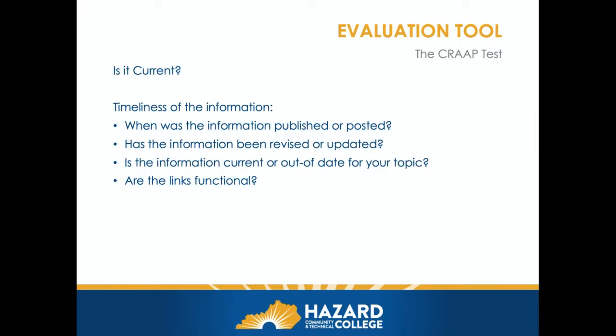So when you're looking at a piece of information or a platform, you should ask yourself, is it current? What is the timeliness of the information you're looking at? What's the relevance of currency to the article and to your information need?